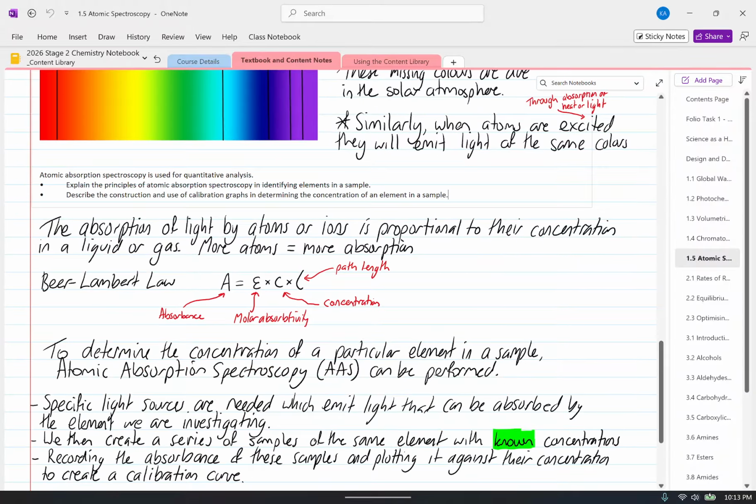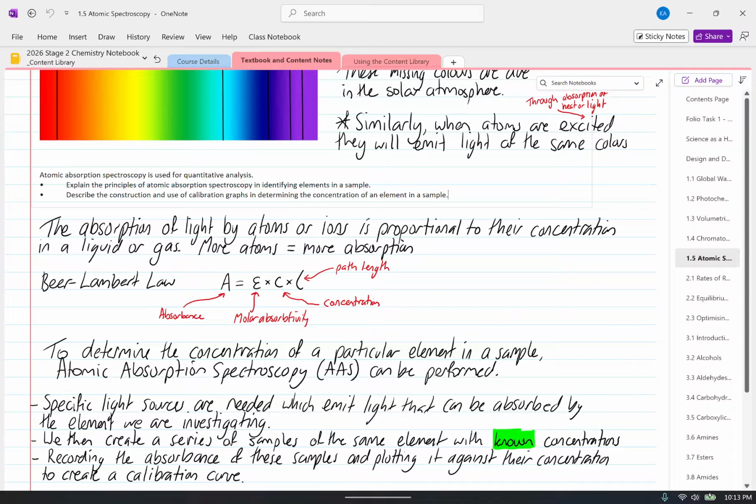Now, you can qualitatively identify whether something is there or not. So an element is there or not in a particular sample using these techniques. With atomic absorption spectroscopy, you can just see if a sample is there, but you can also go one step further and identify how much of it is there.